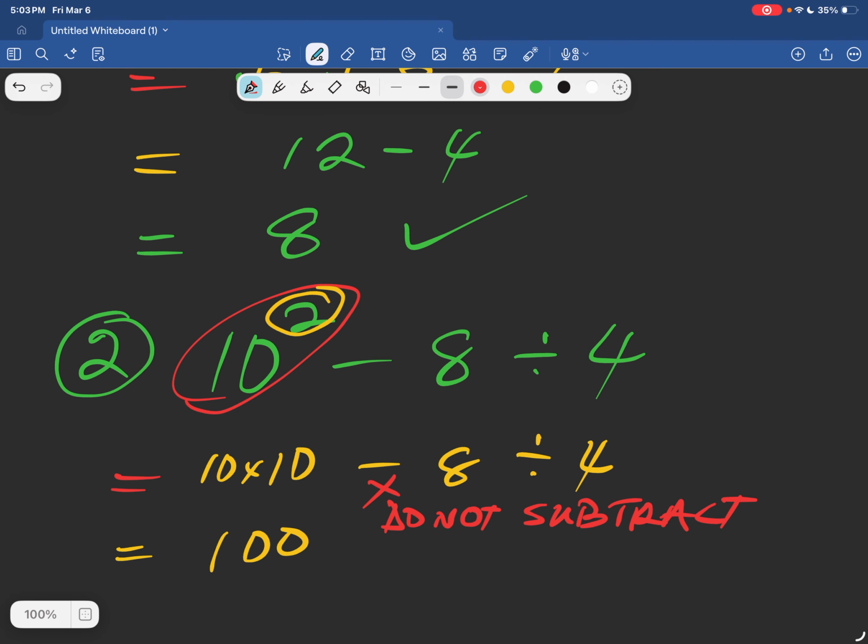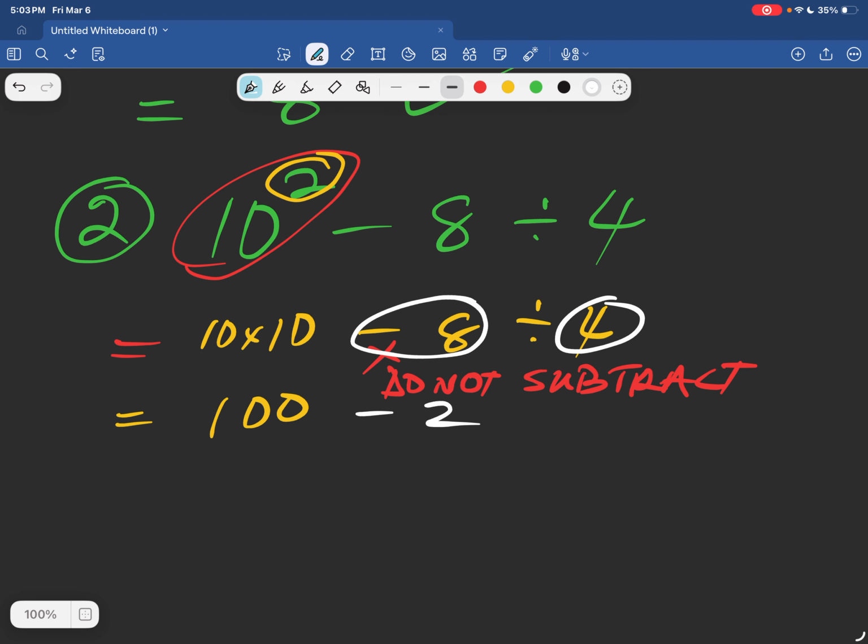So we have to instead do this. We have to do negative 8 divided by 4, which gives negative 2. Let the problem determine the sign for you. So that gives negative 2. So now we have 100 minus 2, which is 98. And that is the correct answer.